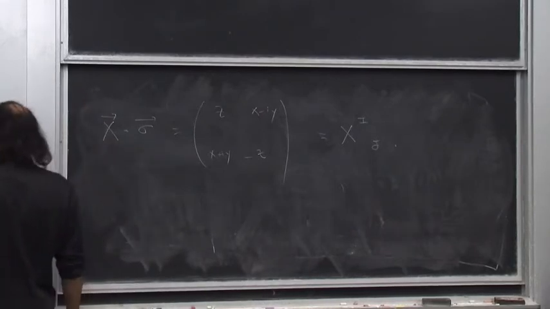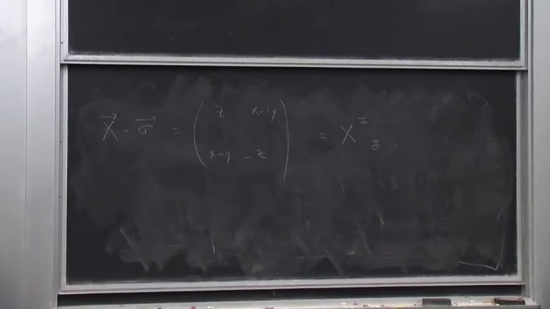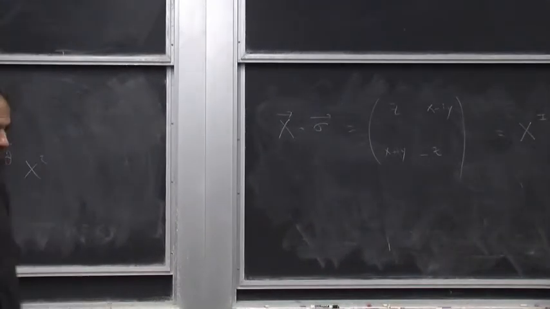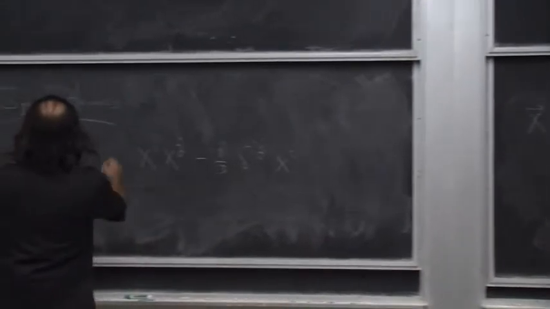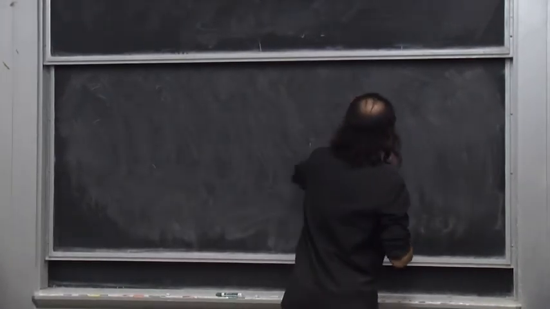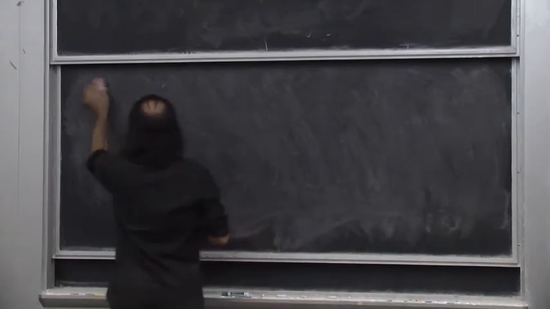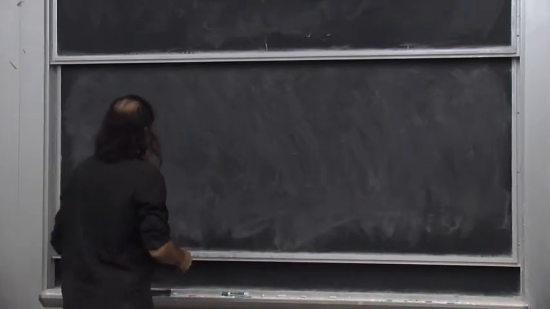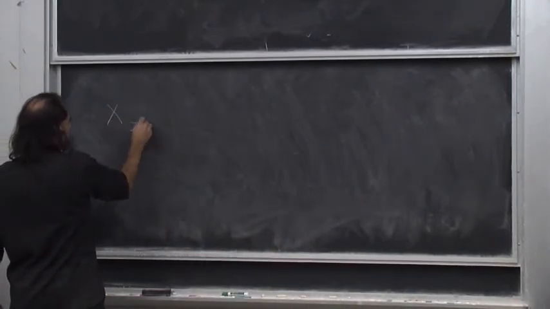But there's a closely related thing. What should we do? We should work with all downstairs indices. That's the point: with all downstairs indices, all we have to do is keep track of symmetric tensors, nothing else. So I use the epsilon symbol to lower the SU2 index, and so I have x lower ij.